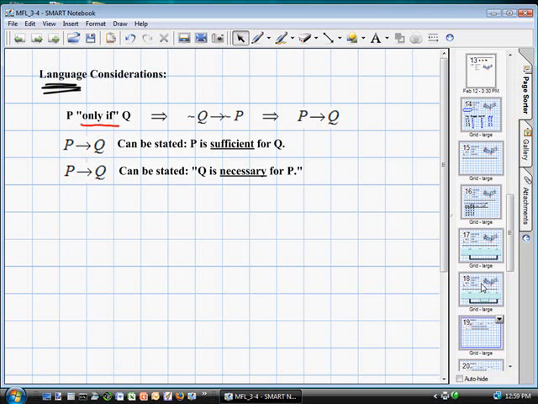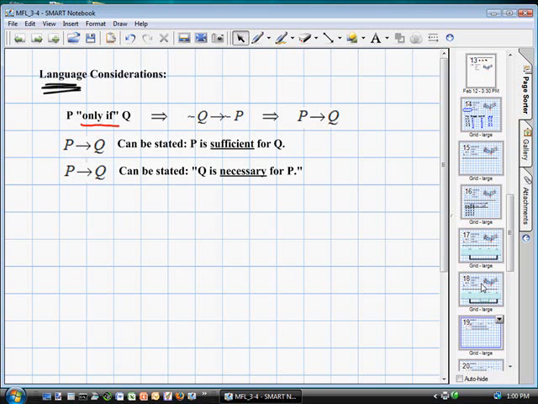Now, here's what only if is translated as. In effect, it says if not Q, then not P. Does that look familiar? Isn't that the contrapositive of if P, then Q? So when you see P only if Q, you can just translate it as if P, then Q. So only if is a friendly guy because the P and the Q stay in the same order, just like a normal if-then.